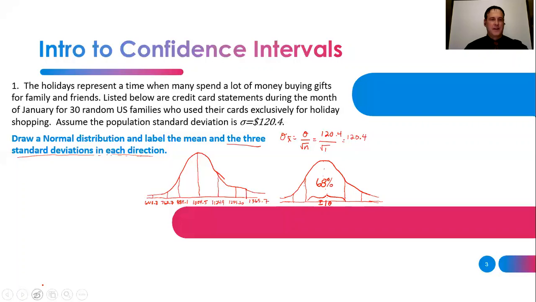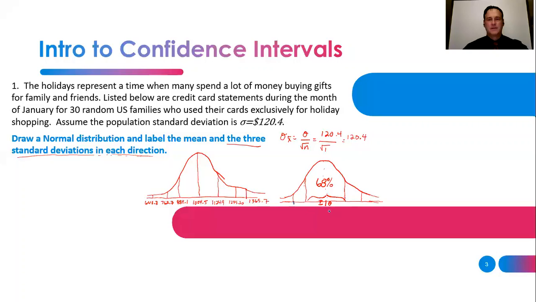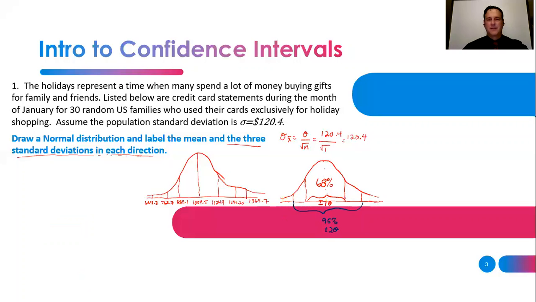If you go 2 standard deviations away, that represents 95% of all data within, and again, that's plus or minus 2 standard deviations in each direction. And 3 standard deviations, which I think I failed to draw in, but I'll put those in right now.